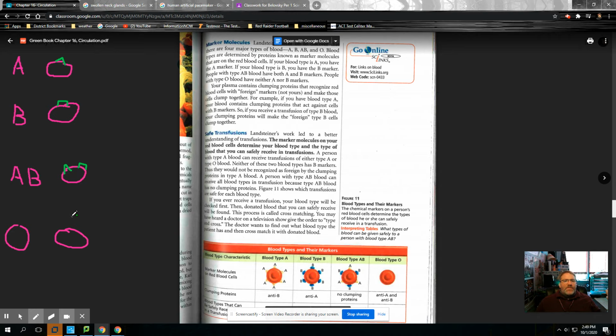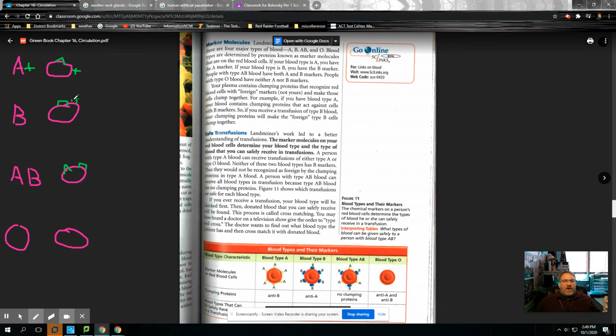Now, there's another type of marker that is out there, and it is a protein, and not all blood has this special protein. So if I'm going to draw a plus sign right there, if this blood cell has this special protein, then this blood is called A positive.